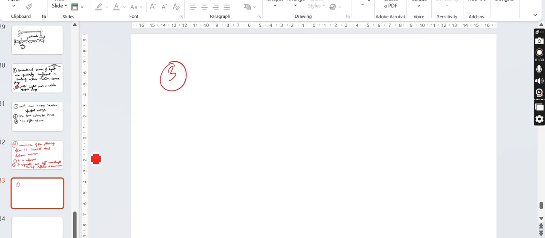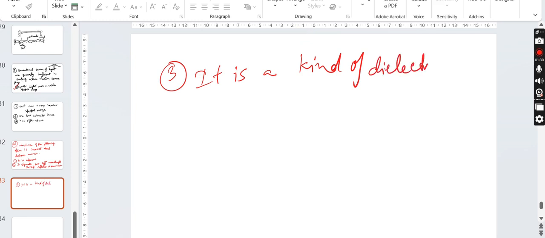Three, it is a kind of dielectric coated mirror. Yes, it is a kind of dielectric coated mirror, but it's not entirely true. Four, it polarizes the transmitted wave.